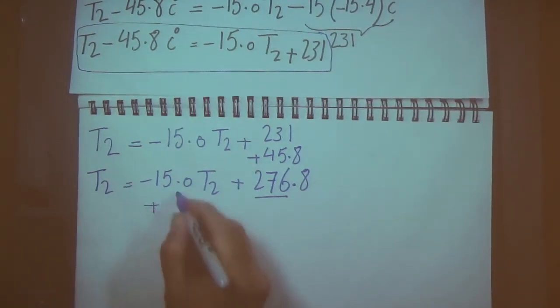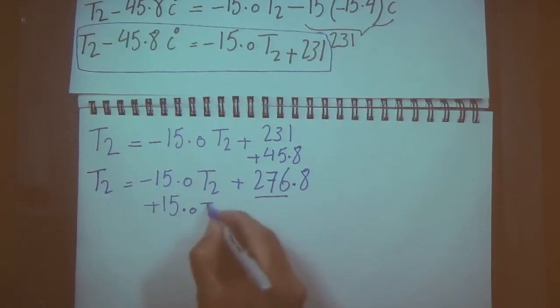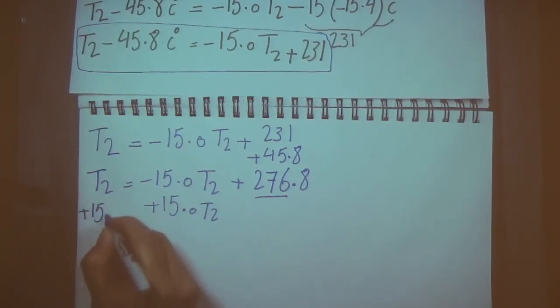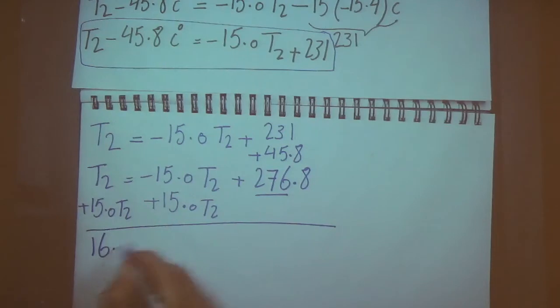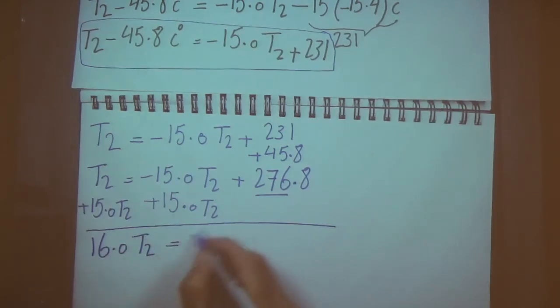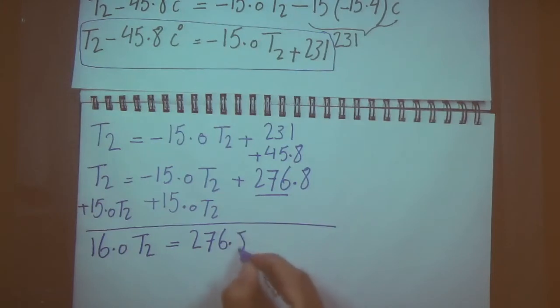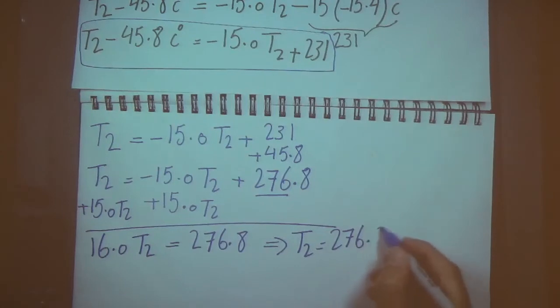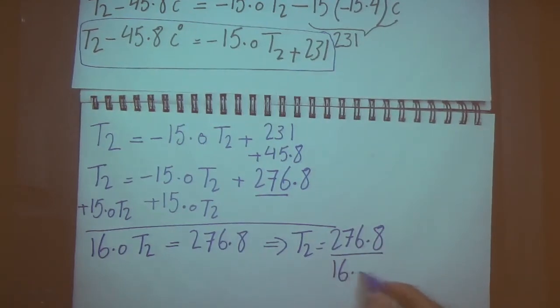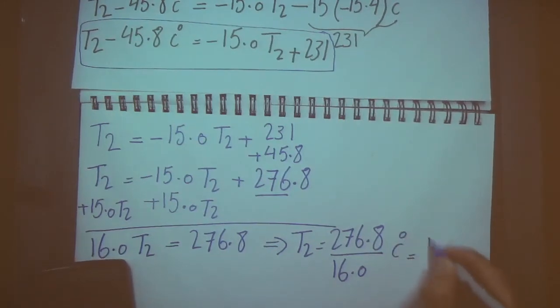So now I will say plus 15.0 T2 to both sides, and I will get 16 T2 equal to 276.8. So T2 will be 276.8 divided by 16. The unit is degree Celsius. This one will be 17.3 degrees Celsius.